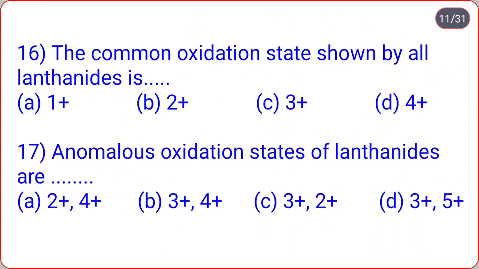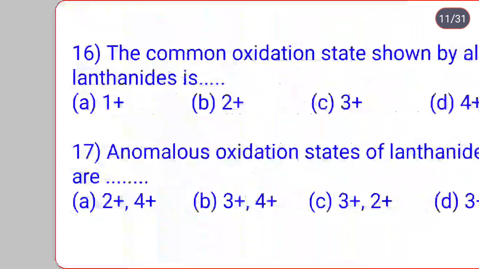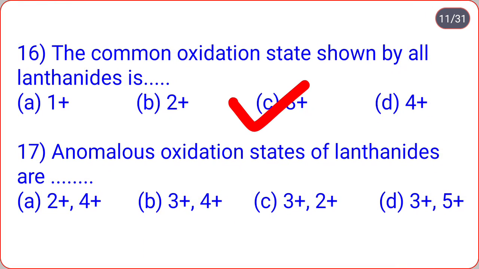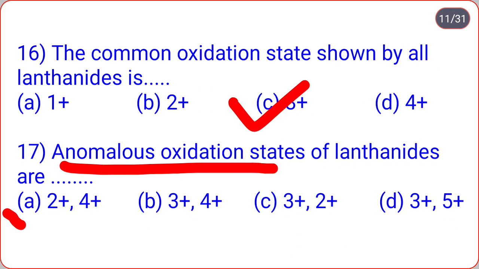The common oxidation state shown by all lanthanides is 1 plus, 2 plus, 3 plus, 4 plus. So the common oxidation state shown by all lanthanides is 3 plus. Anomalous oxidation states of lanthanides are: the anomalous oxidation states shown by lanthanides are 2 plus and 4 plus.